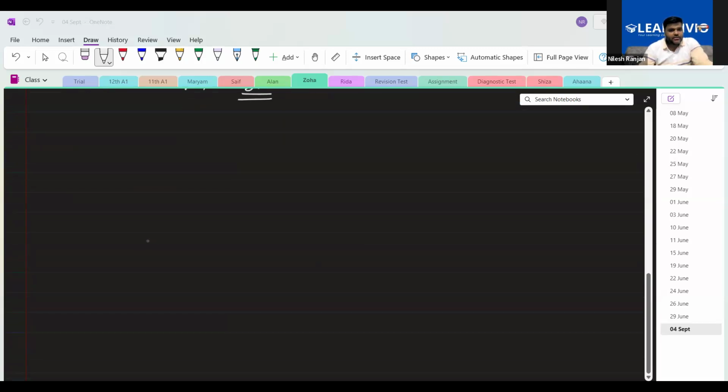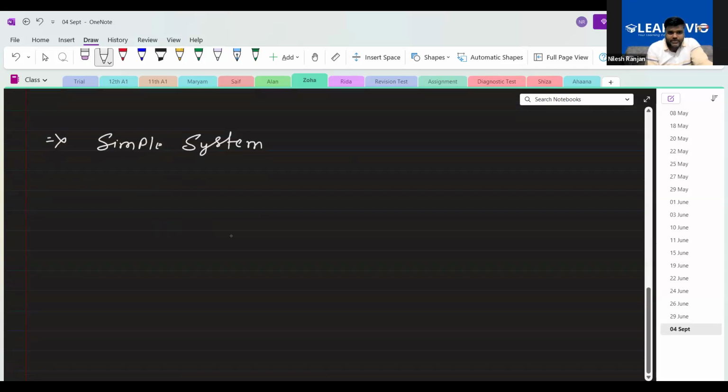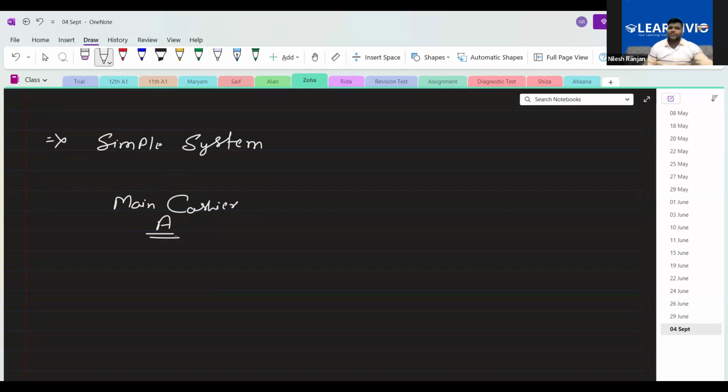Now I will explain the simple system, and then I will write the meaning. So in the simple system, the main cashier is A. I'm taking the name because it is very difficult to say main cashier, petty cashier all the time. I get confused sometimes.